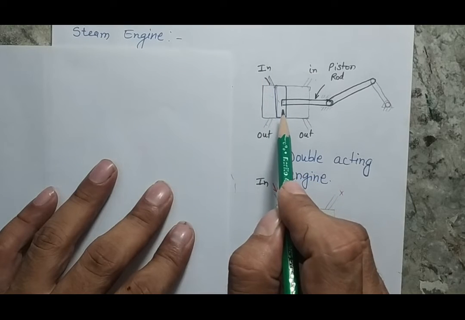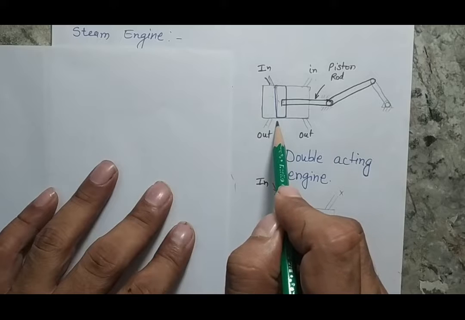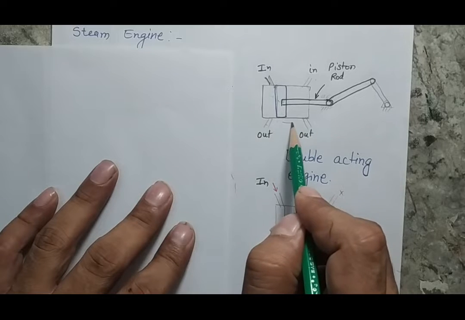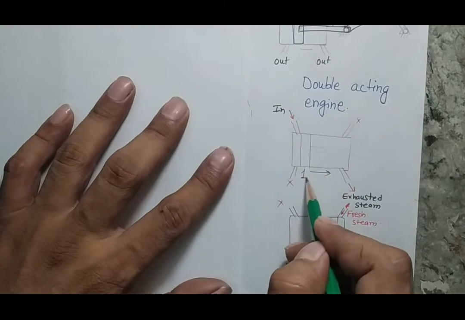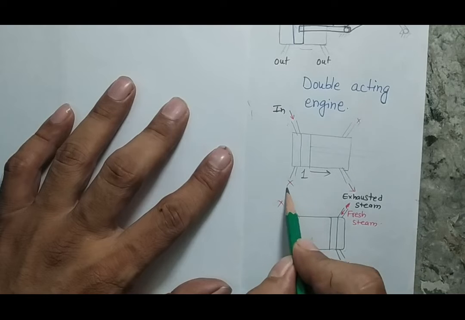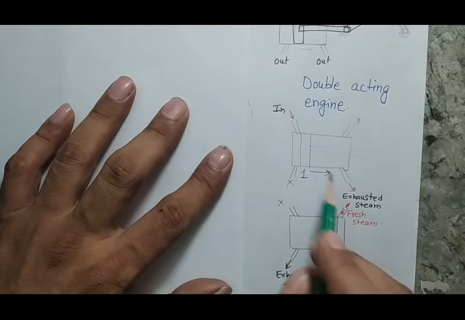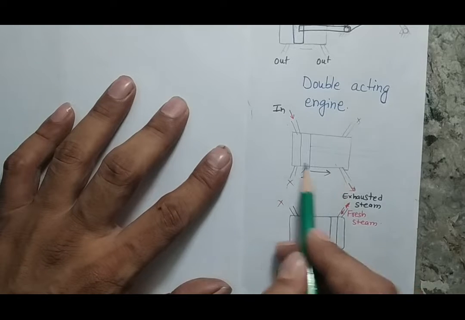It will apply a certain force to my piston, so my piston will move from its left position to the right position. I'm explaining here that this is the initial condition of my piston. This inlet valve is open, the other inlet valve is closed, this exhaust valve is closed, and the other exhaust valve is open, because whatever steam remains from the previous cycle we will exhaust during this motion.